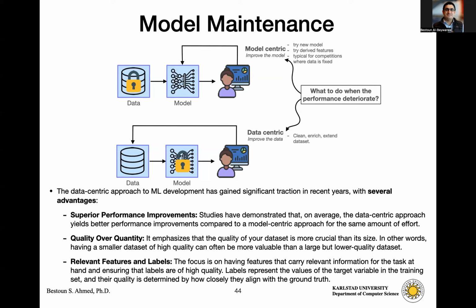We want to have features that actually improve and relate to this model and carry relevant information. And also the labeling, we want to make sure that the labeling is accurate and all the data has labeling, and more labeled data is always good.